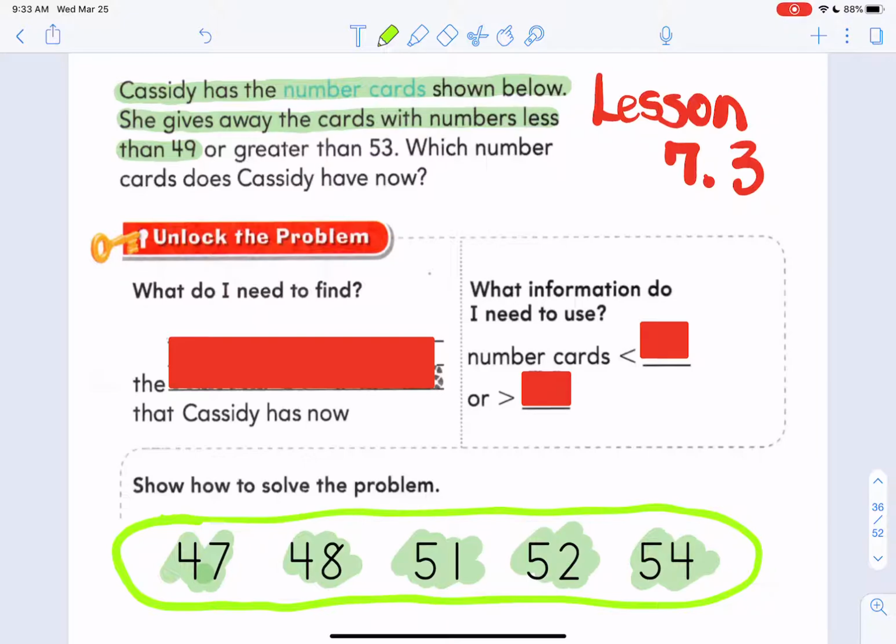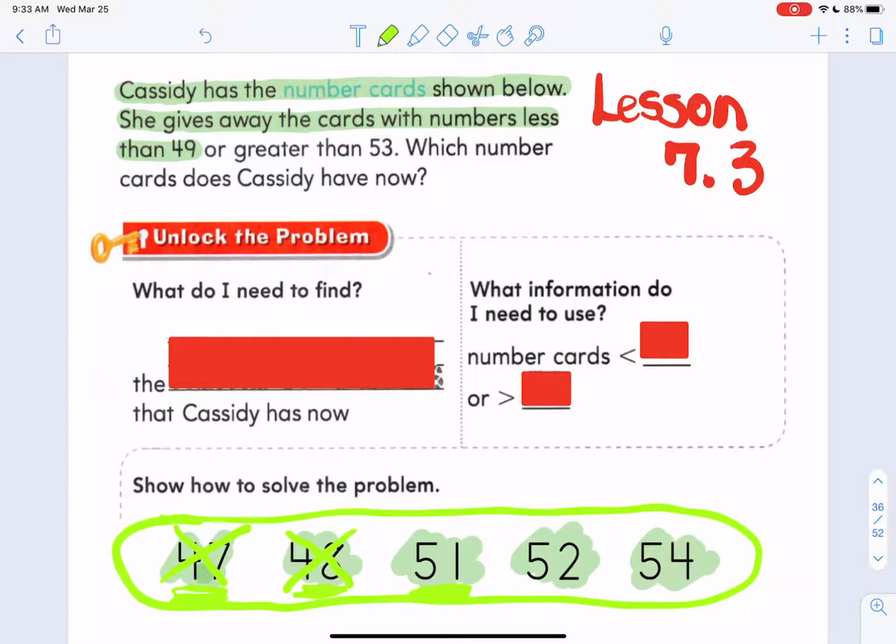Well, let's see. Here's 47. That's less than 49, so I can cross that out. I should probably check all the number cards. 48. Is that less than 49? Yes, that is less than 49, so I can cross that out. 51.